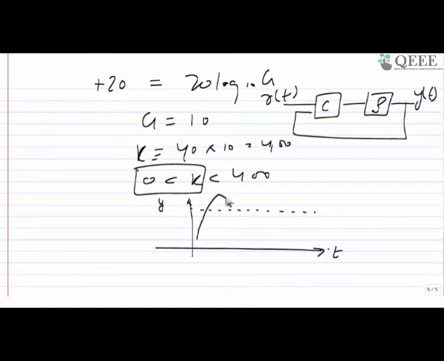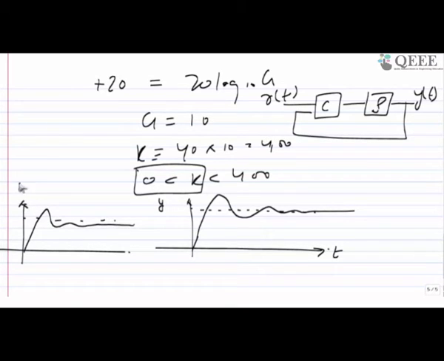Let's say I have this one graph for the response, and another one like this. This is for one controller setting, and this is for another controller.